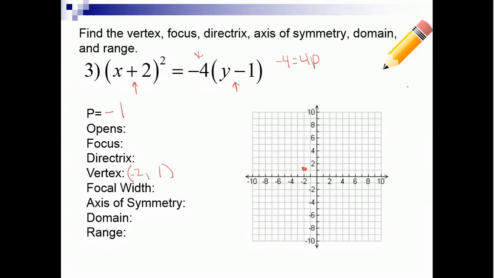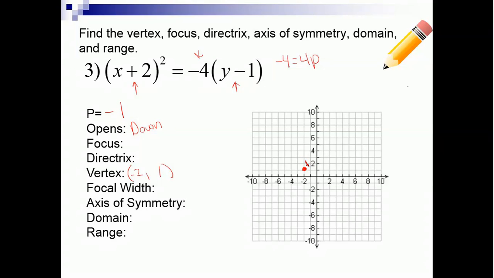Let's put a dot there. Up or down? Looks like it's going to be down, right? Because it's x squared. So that's normal. It's negative, so it's going to open down. My focus then is going to be 1 down from that.